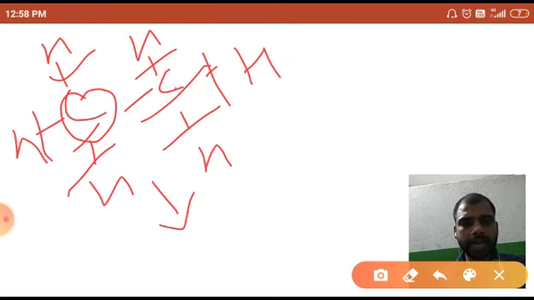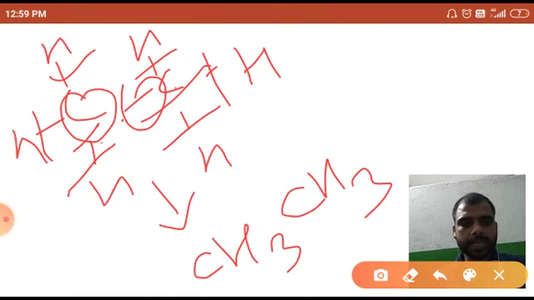You can write CH3, not showing the bond, and write only CH3. So you can see there is no bond, and I have written the carbon and hydrogen together by counting all the hydrogen. So CH3CH3, this one is the condensed formula.